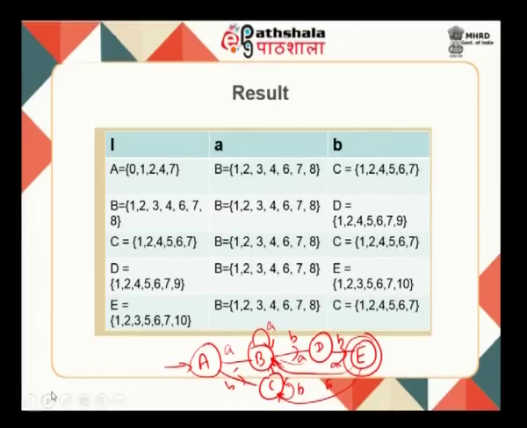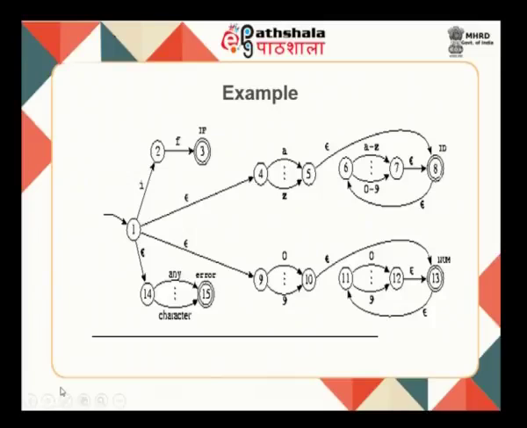Okay. So, this is the algorithm, and we have done this with reference to one example, which is (a or b) star followed by abb. Now, this example is from a practical perspective of what we have just done.